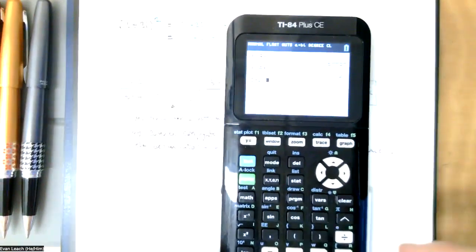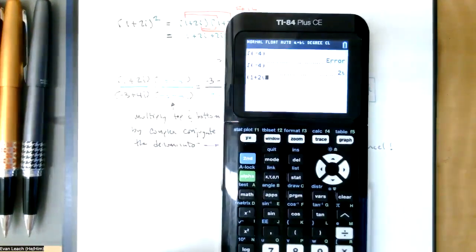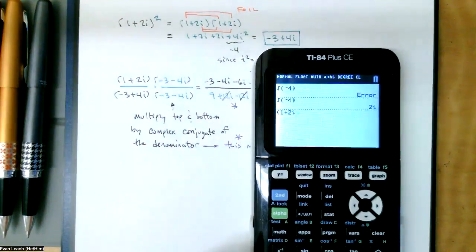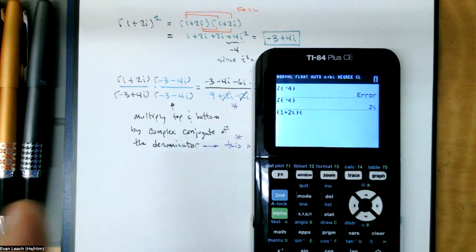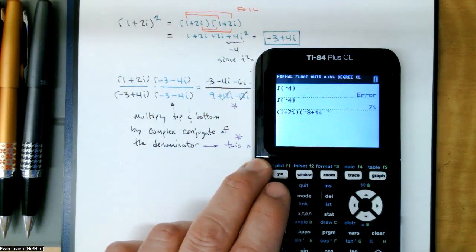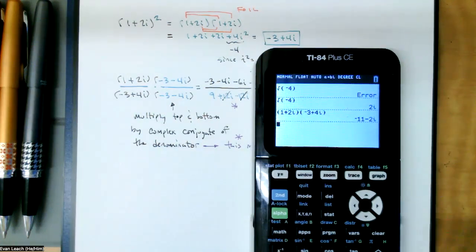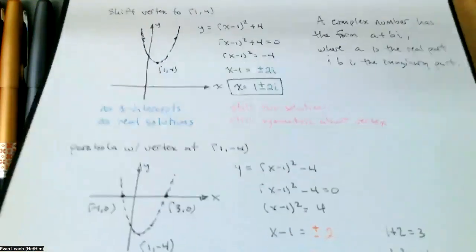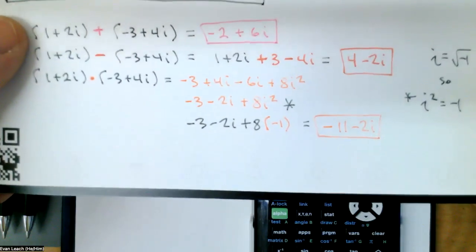That gives me an i. If I want to multiply 1 plus 2i times -3 plus 4i, that gives me the negative 11 minus 2i that we had on the previous page.